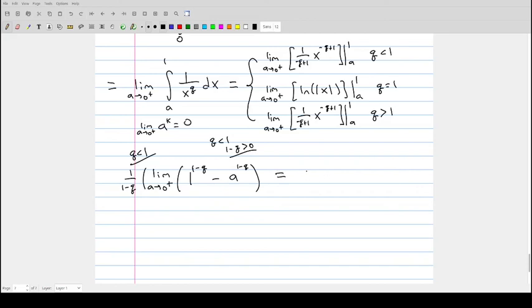So this value is just going to be 1 over 1 minus q, which means that when q is less than 1, this improper integral converges. And it converges exactly to the value 1 over 1 minus q.